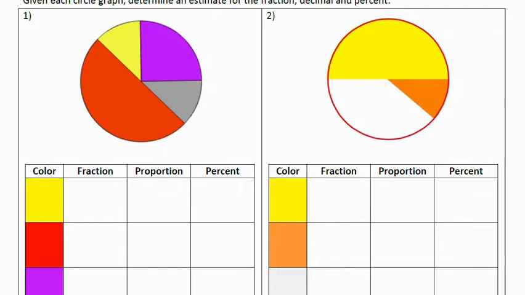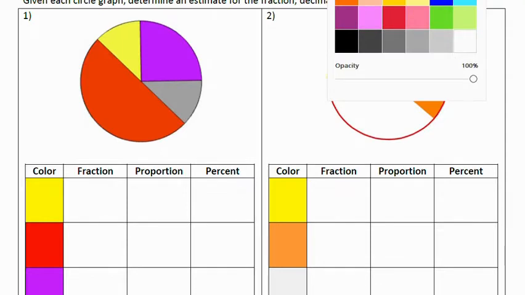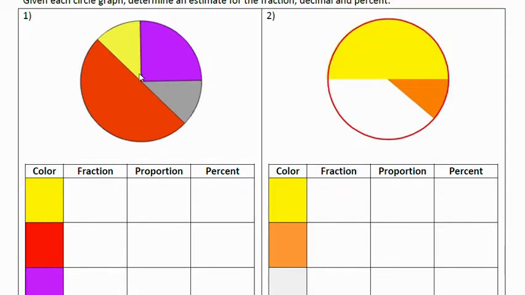So continuing with this video, we are going to look at these circles, and we're going to determine how many pieces of each circle are represented to write the fraction, and then we're going to turn that fraction into a percentage.